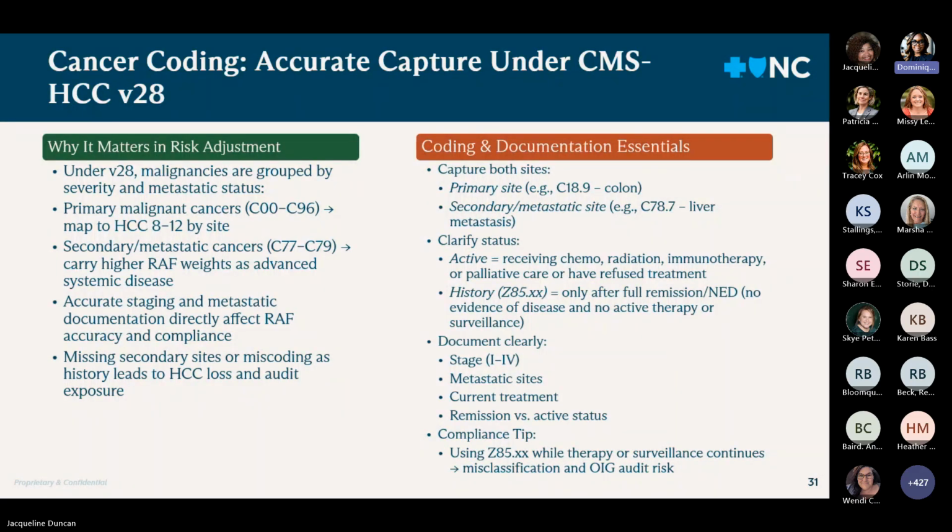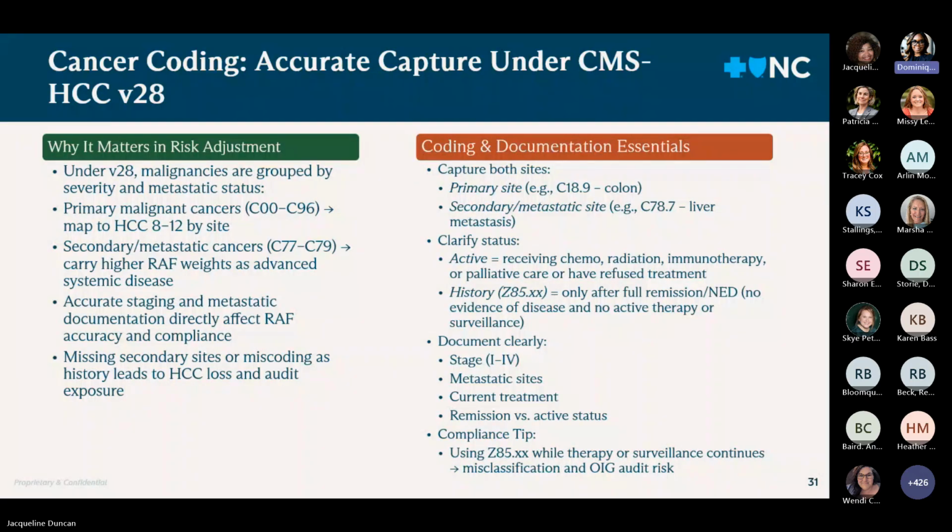History codes such as the Z85 series apply only when the cancer is no longer active and no treatment or surveillance is occurring. Using history codes during active treatment is a compliance risk. When metastases are present, coders must assign both the primary cancer site and each metastatic site, since omitting metastatic involvement or using unspecified codes significantly reduces RAF capture and misrepresents true disease burden.